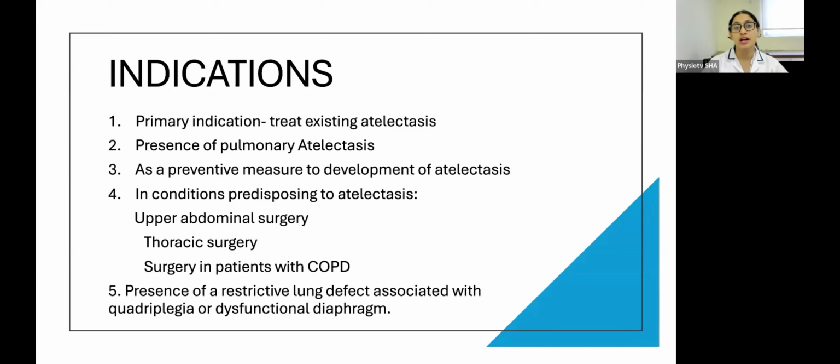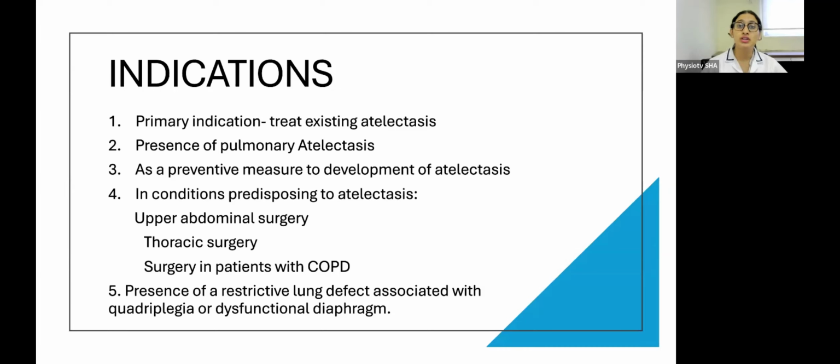Now let's come to the indications of using incentive spirometry. The primary indication is treating existing atelectasis. It is used in the presence of pulmonary atelectasis.